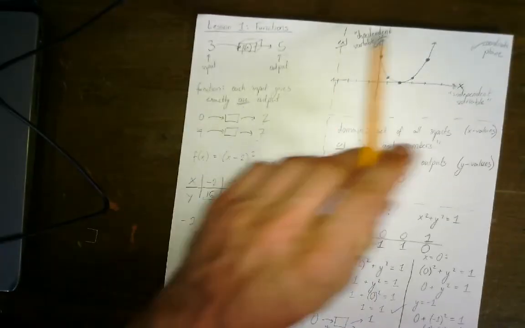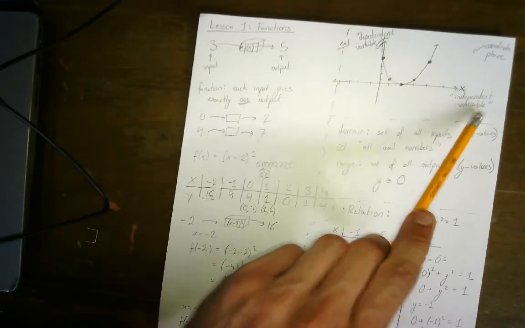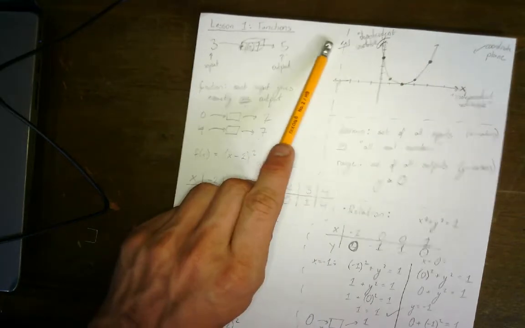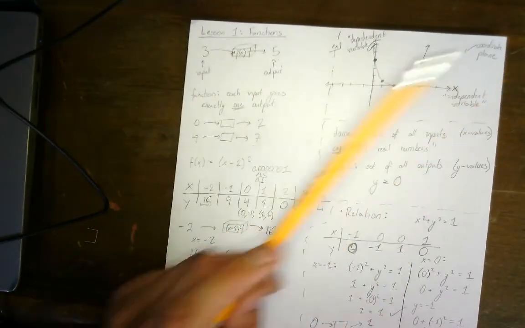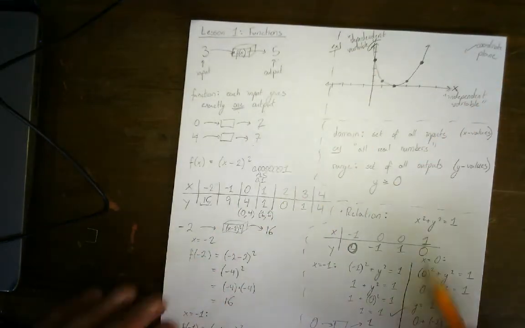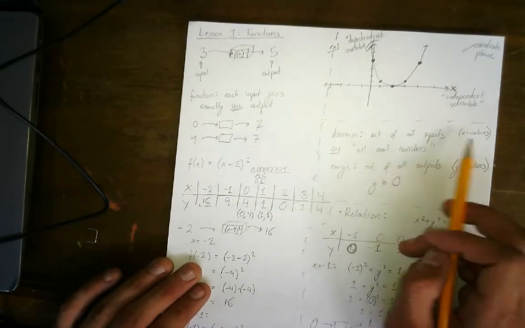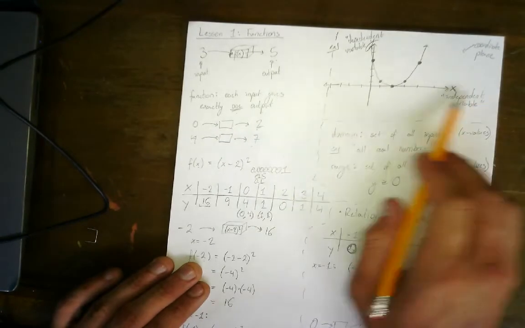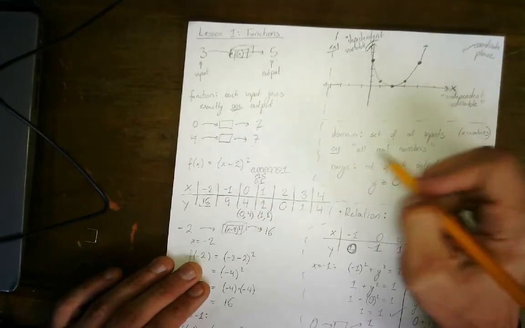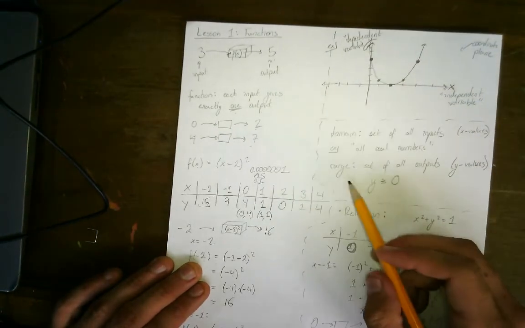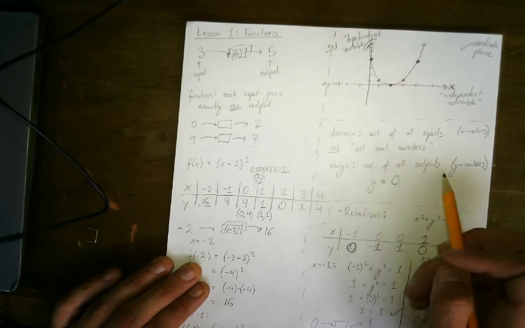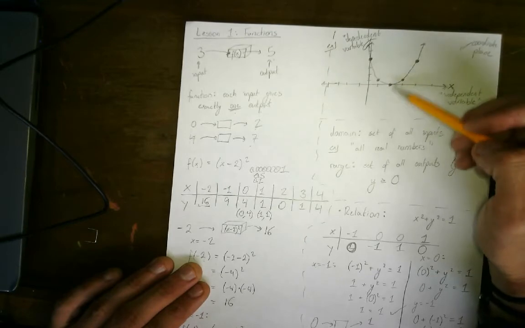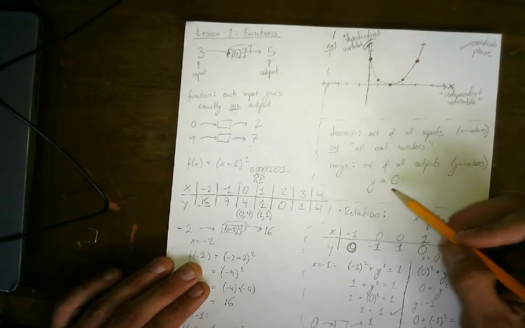We finally graphed it, got some variable definitions in there, so independent for x, dependent for y on our coordinate plane. We defined what a domain was, which is the set of all our x values or all our inputs. In this specific case, notice how we're always going to have some x values, so it's all real numbers. And our range is our set of all outputs, or all our y values. Noticing here, we're never below the x-axis, so we're always going to have positive y values.